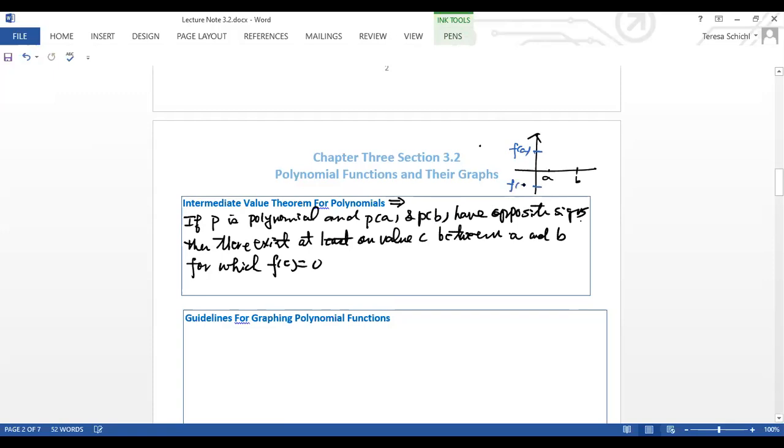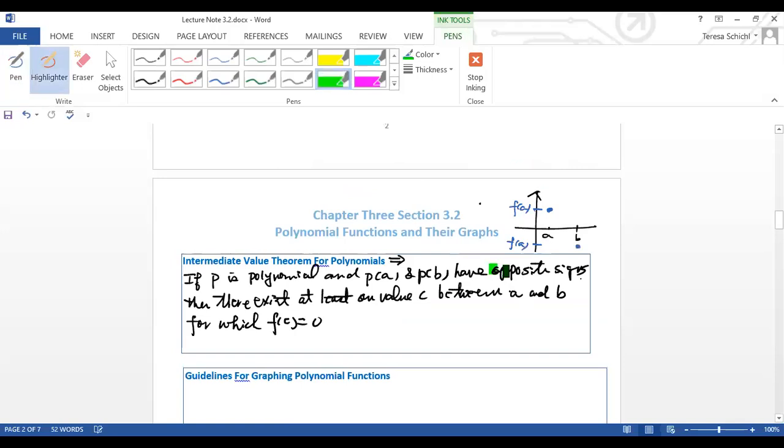The keyword here is that they have opposite signs.